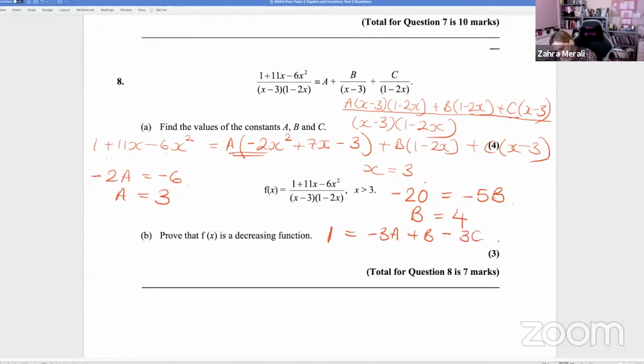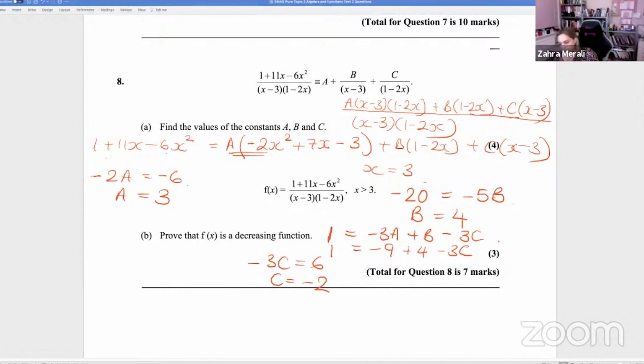I know what a and b are, so I've got minus 9 plus 4 minus 3c equals 1. So I get minus 3c equals 6, so c equals minus 2. Instead of getting yourself confused with a fraction, you can just put 0 in. I hope that makes sense.